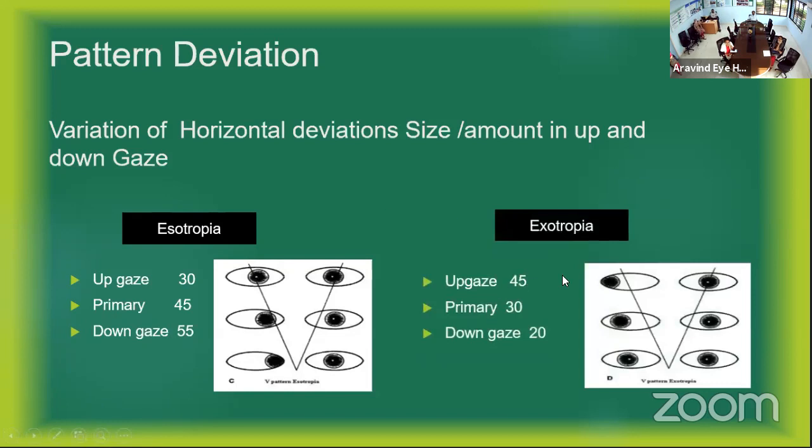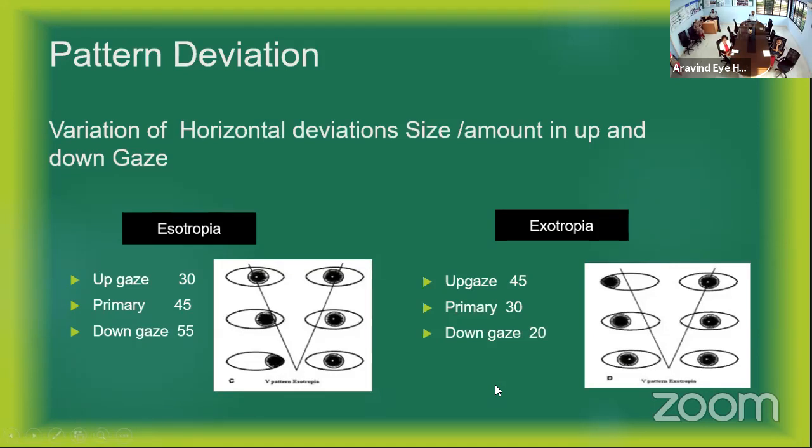And the V pattern is the most common type of pattern we encounter in esotropia and exotropia. So here you have an exotropia, which is a deviated eye. As the child looks down, the exotropia becomes less, and when it looks up, the exotropia becomes more. So why at all should we correct these pattern deviations?